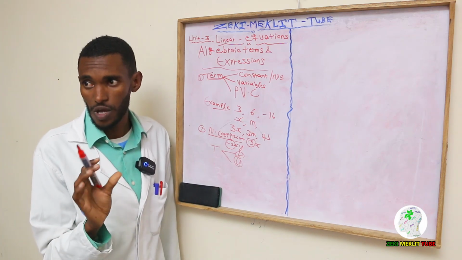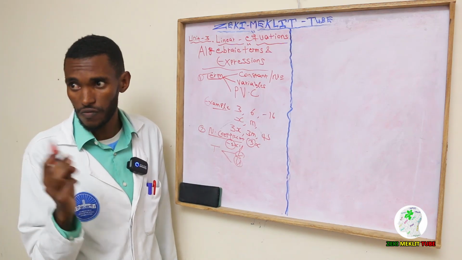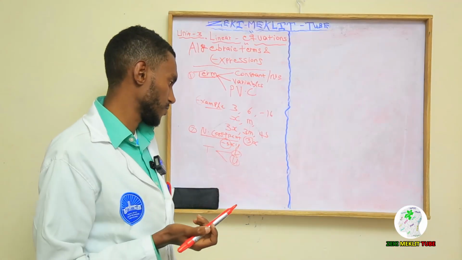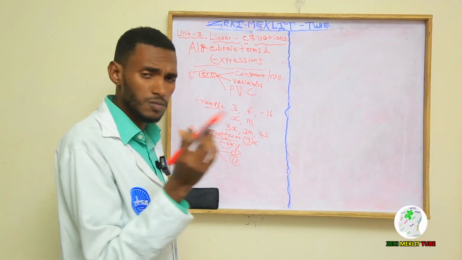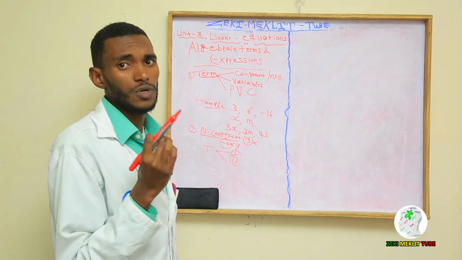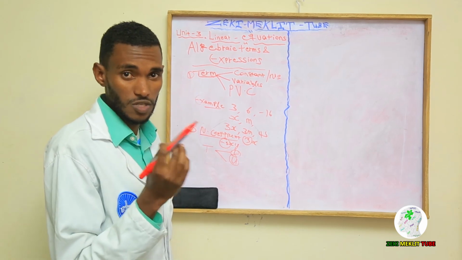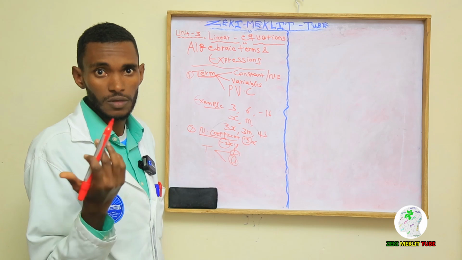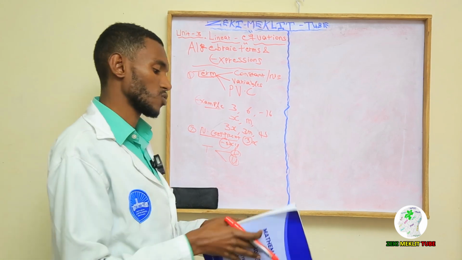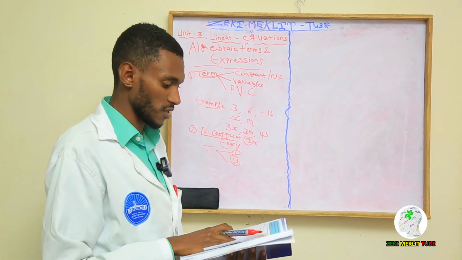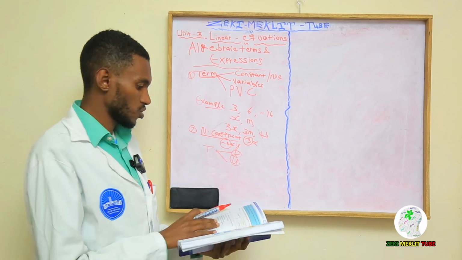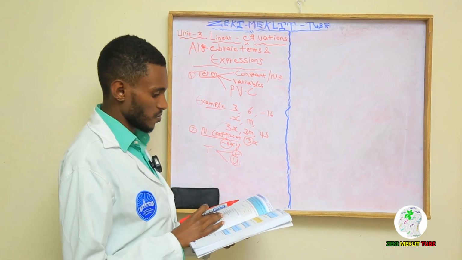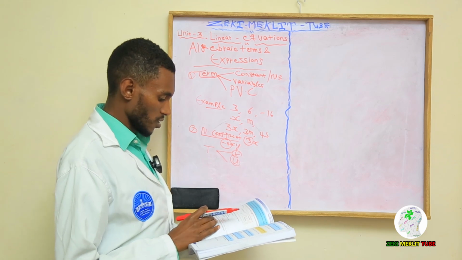Unlike term means if it is different in exponent or in variable, we call it unlike term. A variable is any unknown number, as we said before, so we represent it using letters. You should know this before we define algebraic expression. Okay, let's take an example.